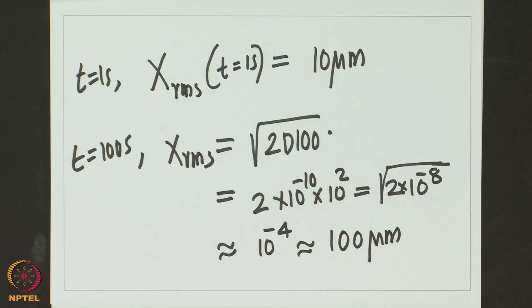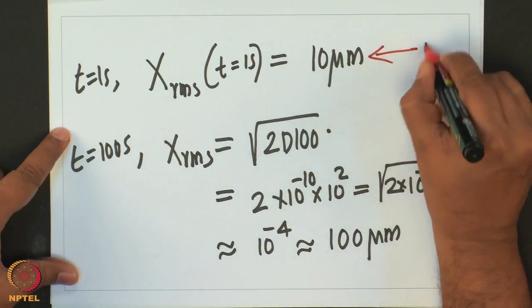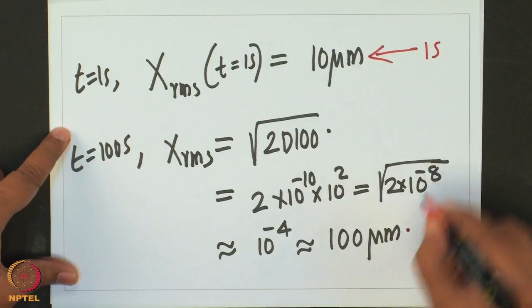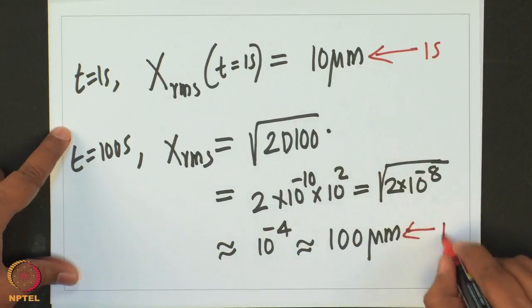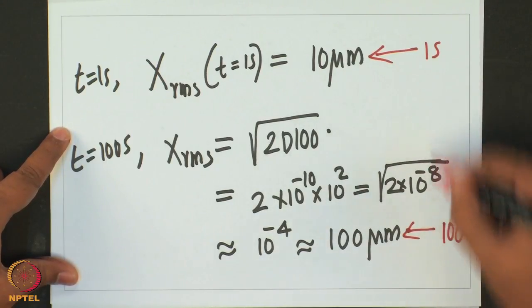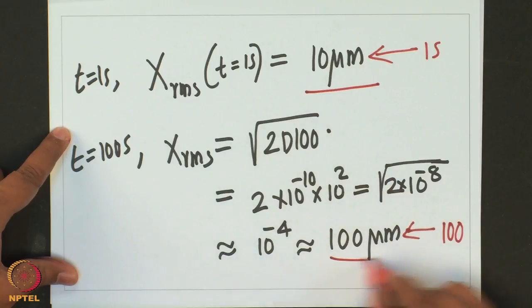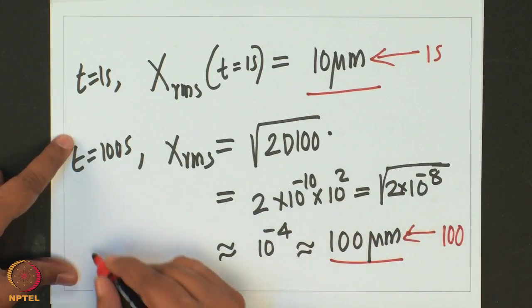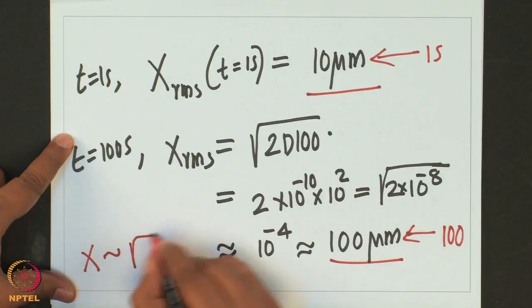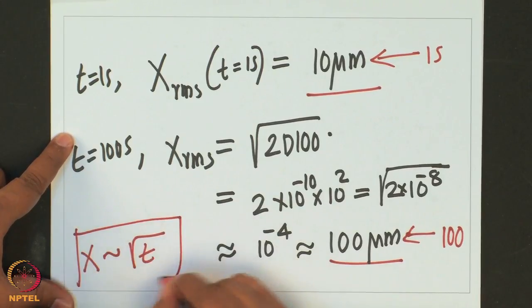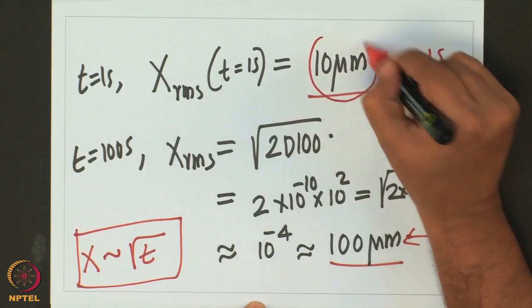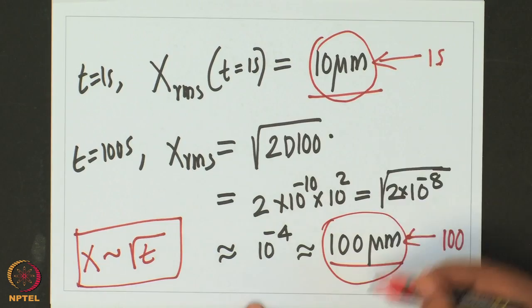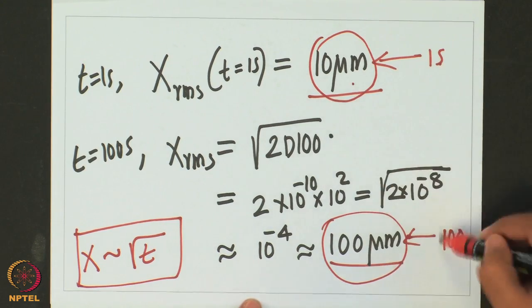So in 1 second, it was 10 micrometer. When the time was increased by 100 times, from 1 to 100, the distance increased by only 10 times. So x increases like the square root of t. This is the hallmark of diffusion. When I increase time by 100 times, x only increases by 10 times. Let me say this again.